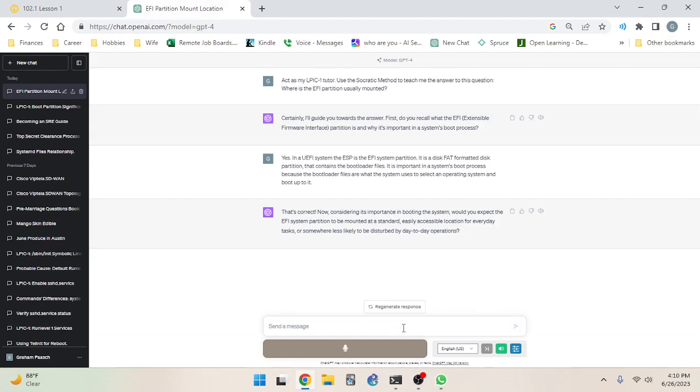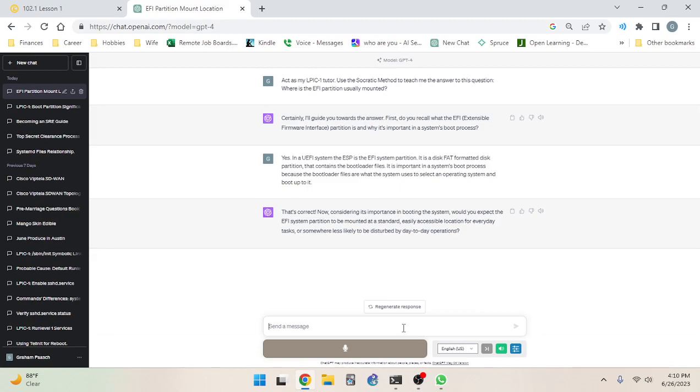So, considering its importance in booting the system, where would you expect the EFI system partition to be mounted? Would it be A, a standard fickle place that everyone's going to be looking at and accidentally writing over and messing up, or B, not that?